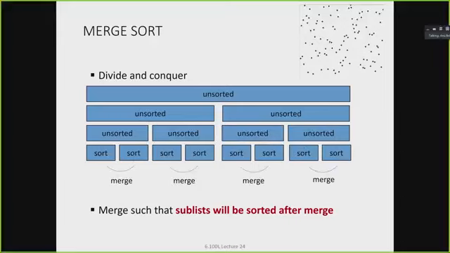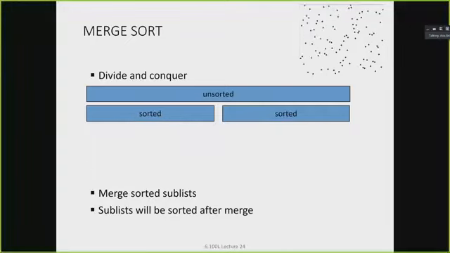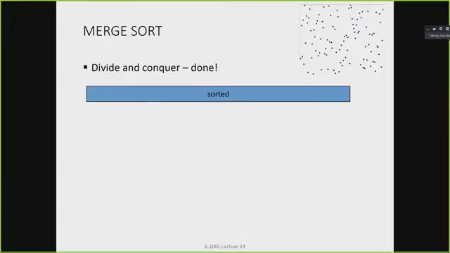And then we're going to merge these pairs back up, again using that smart merge way to give me 4 sorted lists. And then we're going to merge these pairs of sorted lists to give me bigger sorted lists. And finally, we're going to merge these 2 sorted lists to give me my final master sorted list.